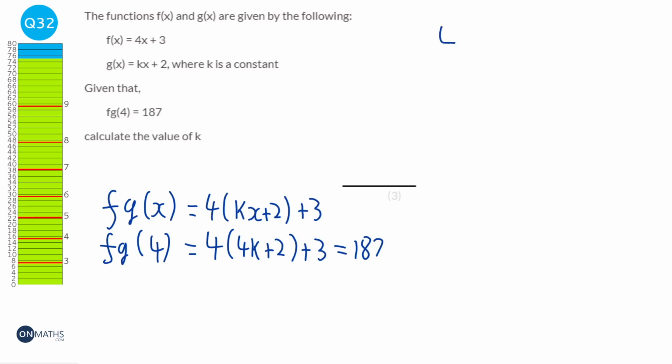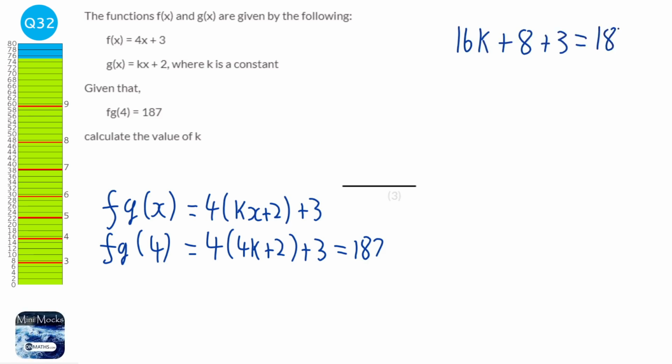So I'm just going to rewrite that, but actually I might expand the brackets as well while I'm at it. So 4 times 4k is 16k, 4 times 2 is 8, plus 3 equals 187, and let's get our solving lines in. Okay, so first thing we're going to do is, well, we can add the 8 and the 3 actually while we're here.